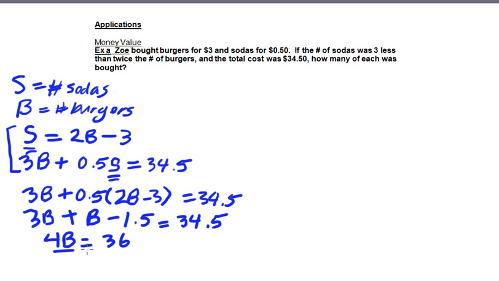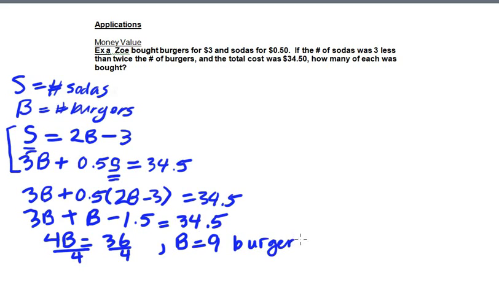And now we can solve for b by dividing by 4. And we get that b is equal to 9. And if we go back to our key from the beginning, we said that b is the number of burgers. So I'm going to write here that we got 9 burgers.